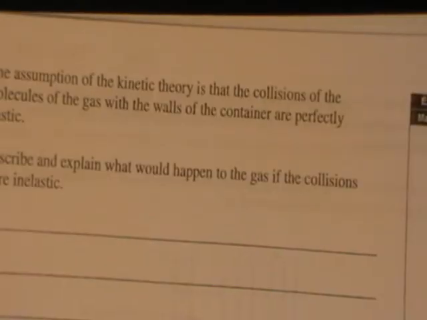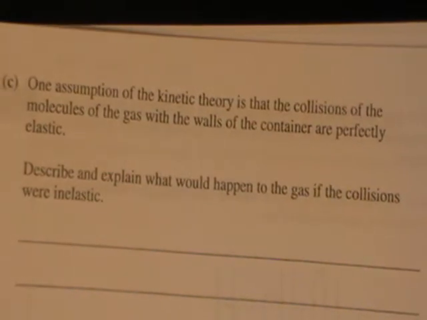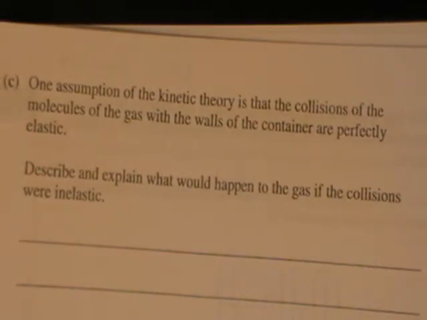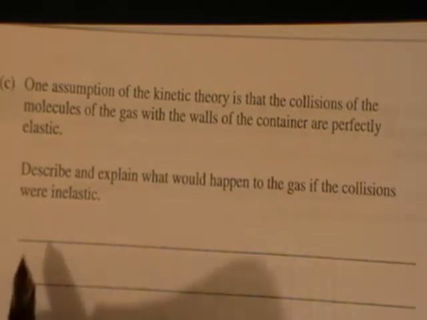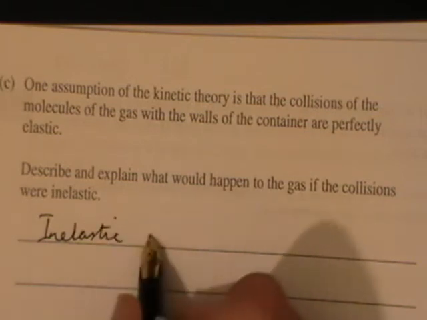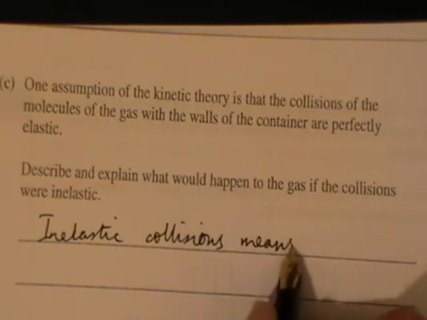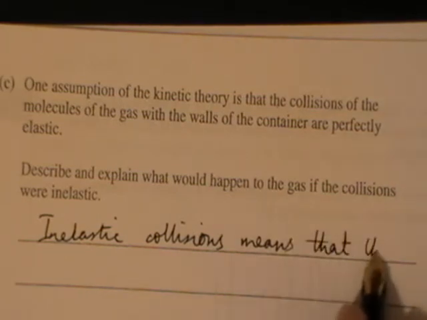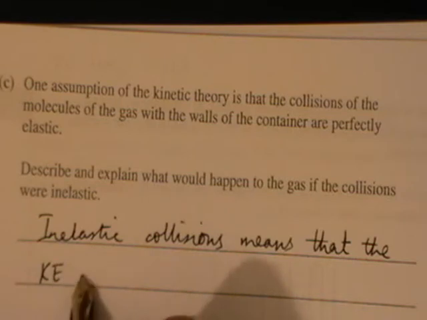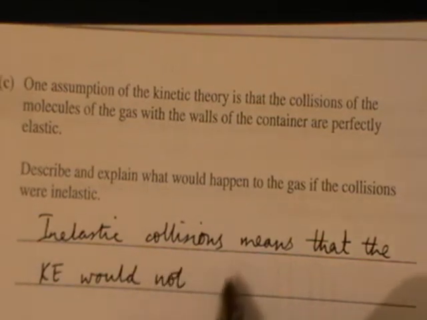The final part of this question is that one assumption of the kinetic theory is that the collisions of the molecules are perfectly elastic. Describe and explain what would happen to the gas if the collisions were inelastic. Well, inelastic collisions means that the kinetic energy would not be conserved.